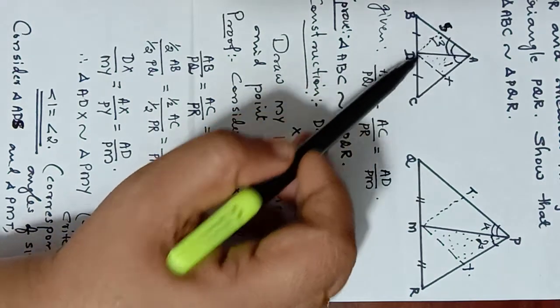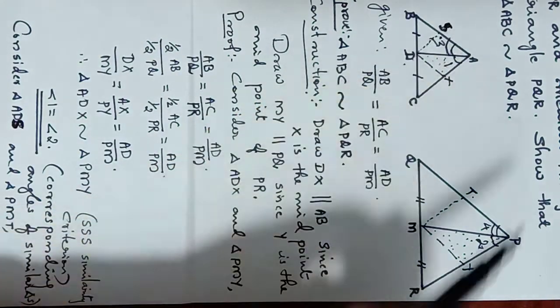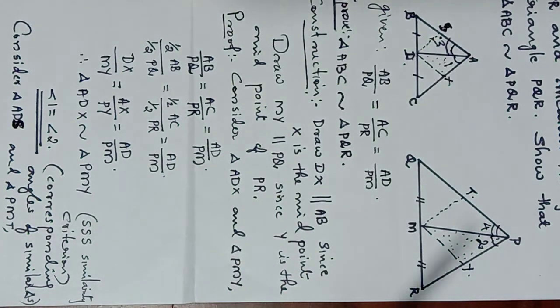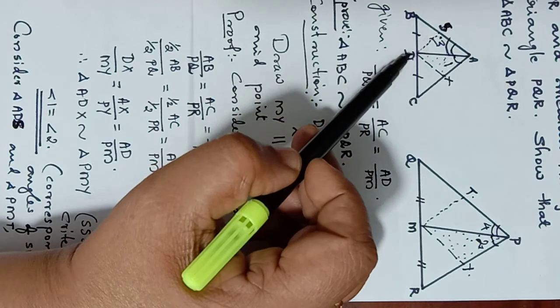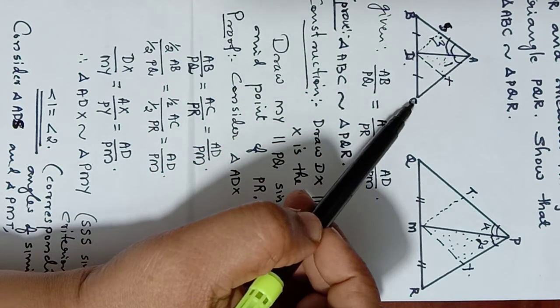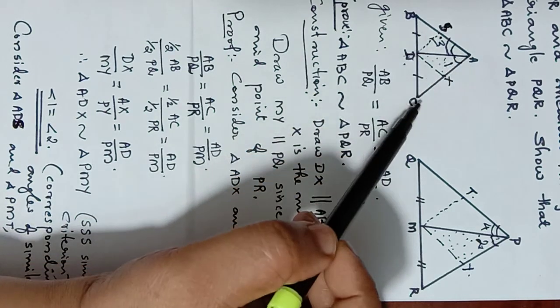That's how these three proportionality come. We have to write triangle ADS is similar to triangle PMT. Because this SD is half of AC, SD is half of AC and also parallel to AC.